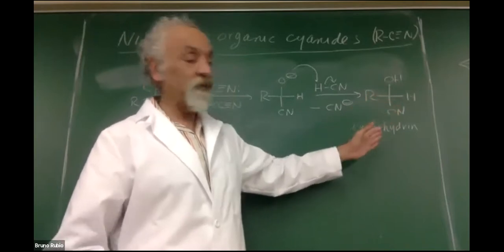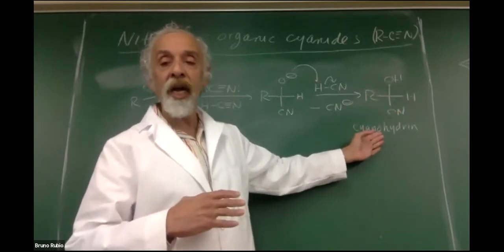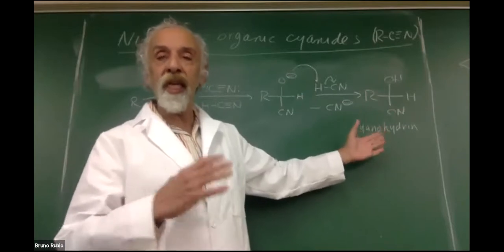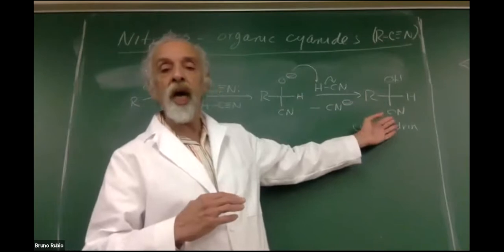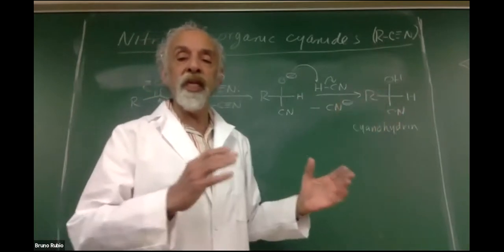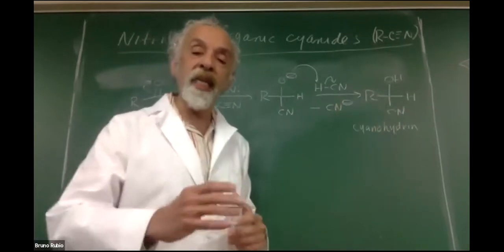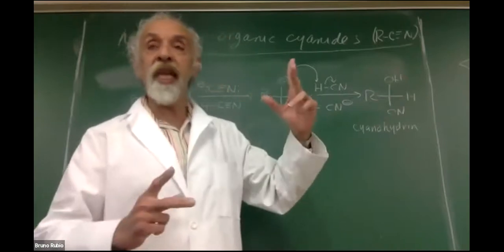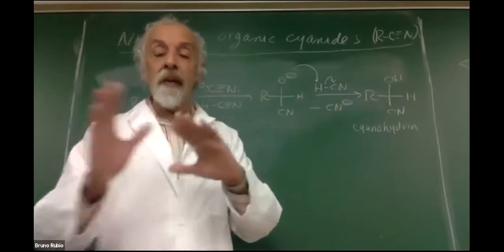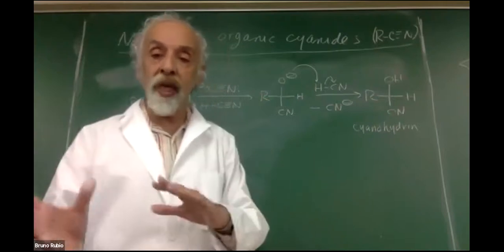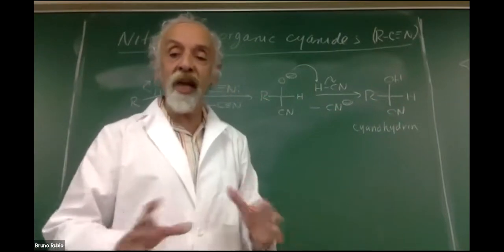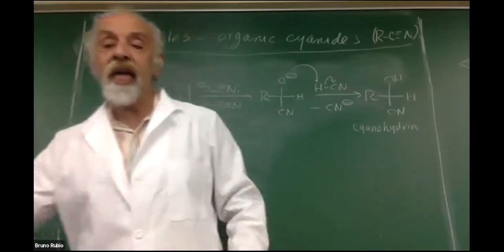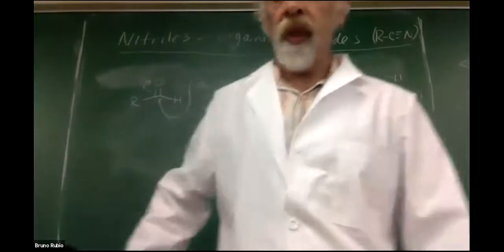And so if you ingest a cyanohydrin, or an organic molecule that has the nitrile functionality on it, these enzymes, the nitrile lyases, get to work and they clip the CN minus off. And pretty soon inside your bloodstream, inside your stomach, you have cyanide running around. Well, that's not very good, because cyanide is a poison.